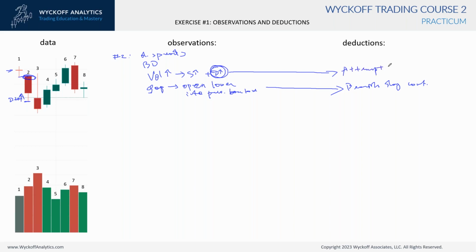Do we have that attempt to rally, let's say on bar number 3? Do you see that? Okay, Ken is saying yes. Where do we see that attempt to rally on bar number 3? Upper wick, correct. So we open, and I would say that bar number 3 could go either way.